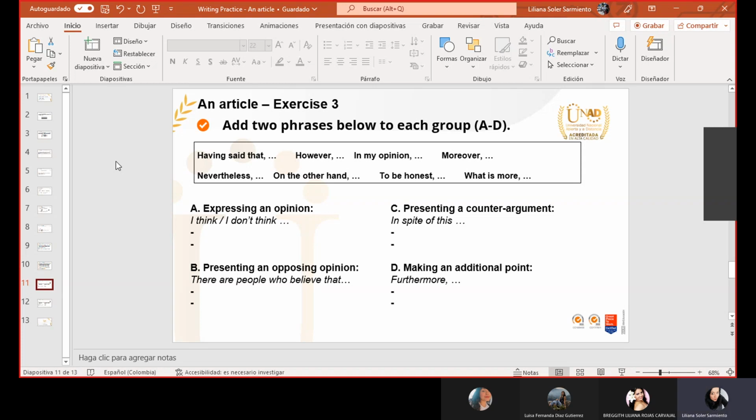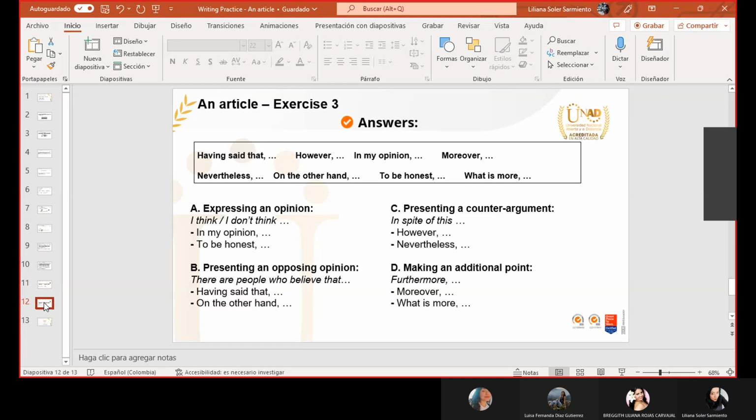And the last group, D, making an additional point. Furthermore, or what others? Moreover, what is more? Yes, exactly. Moreover. And what is more? Very good. Here we have the answers.